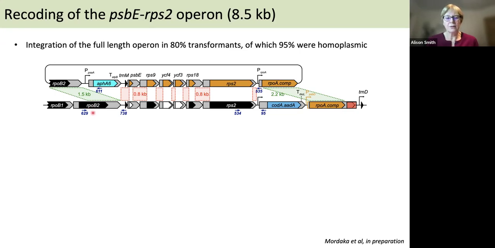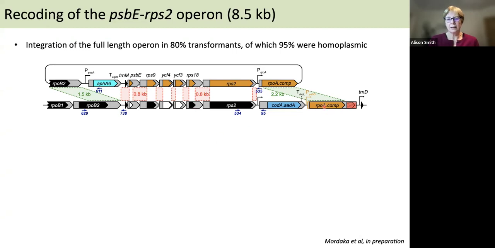So this is another subunit of the RNA polymerase. And then in addition, we have these ribosomal proteins, RPS9 and RPS18, and then RPS2. So these are all essential. And then this is RPOA as well.